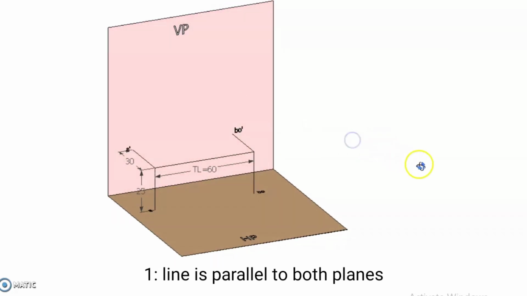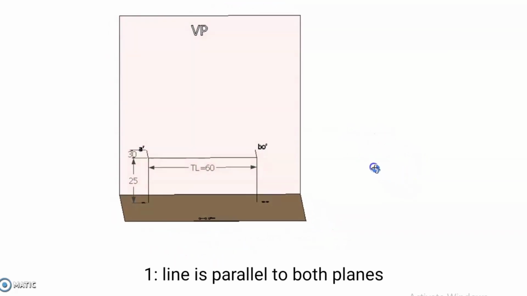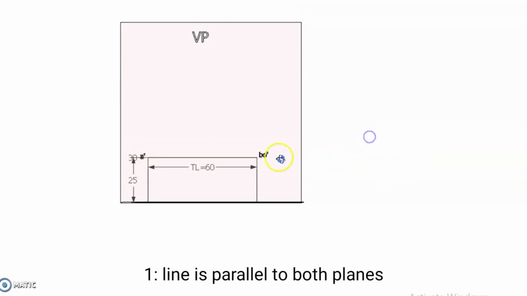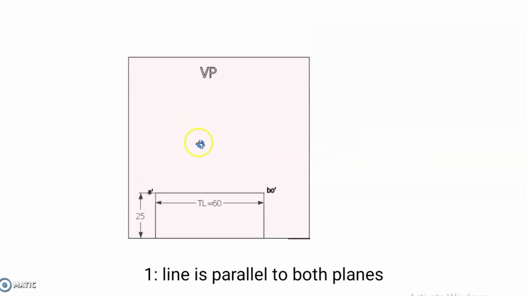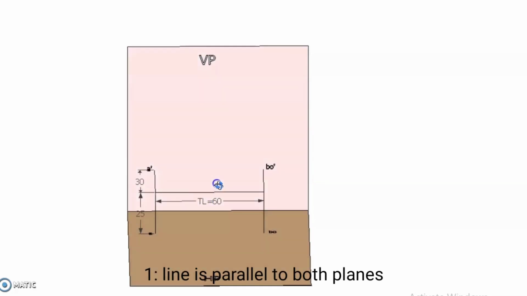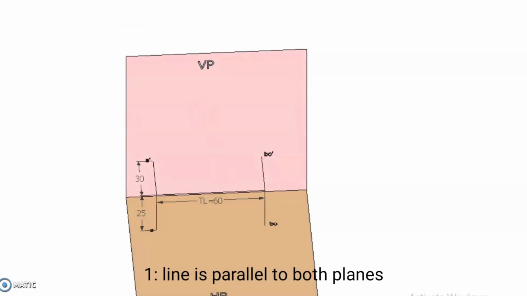In the initial condition, when the line is parallel to both planes, its front view appears like this one. We have to draw a line a dash b0 dash, having its end point position above HP, and its length will show its true length in the front view. Then draw its top view.